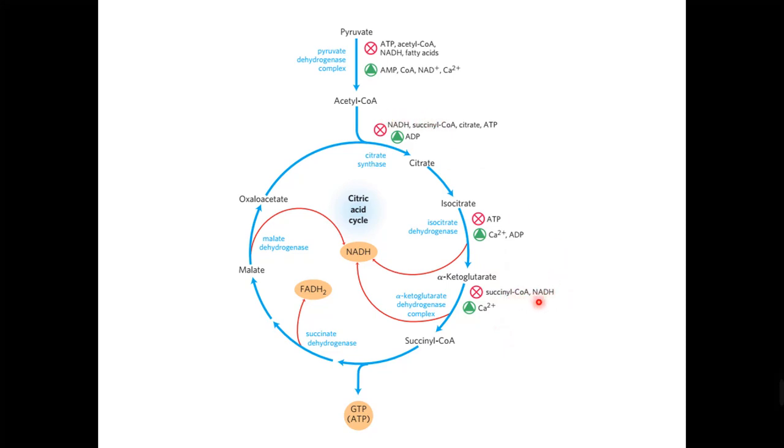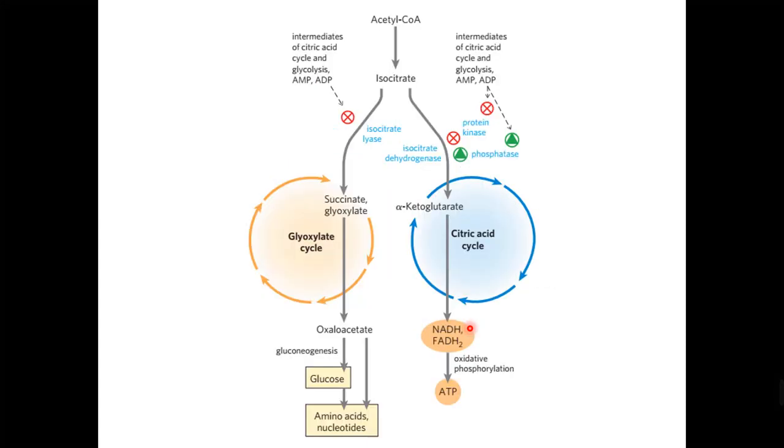These two show the positive energy status, and these show the negative energy status. That is why this is inducing and this is inhibiting. So these three enzymes, again I'm repeating, citrate synthase, isocitrate dehydrogenase, and alpha ketoglutarate dehydrogenase, are involved in the regulation of the citric acid cycle. With this we can conclude the citric acid cycle.